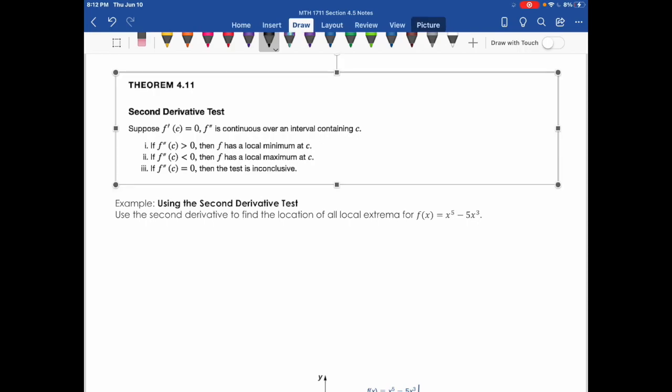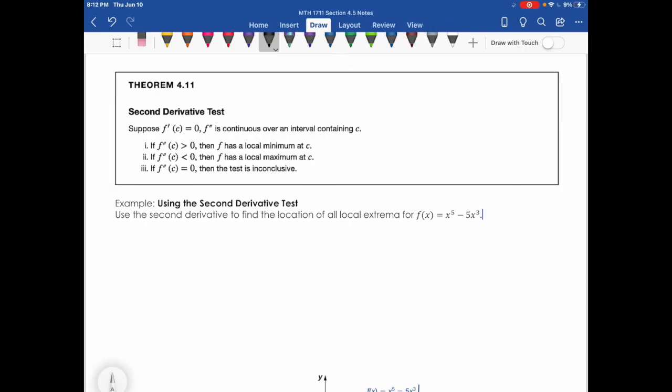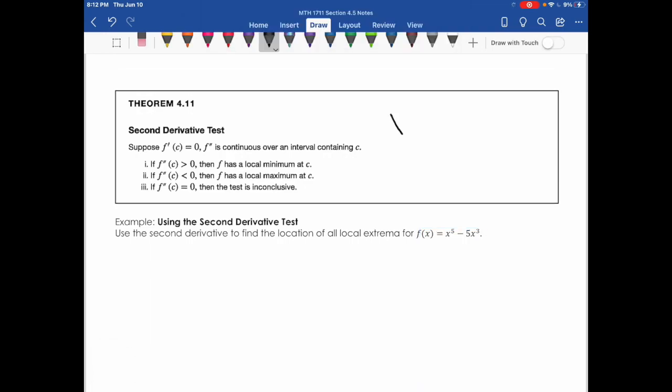If you have a value of c that makes the first derivative equal to 0, and you check it in the second derivative and it's concave up, meaning you have a point with a tangent line of 0 on an interval that's concave up, then that has to be a minimum.